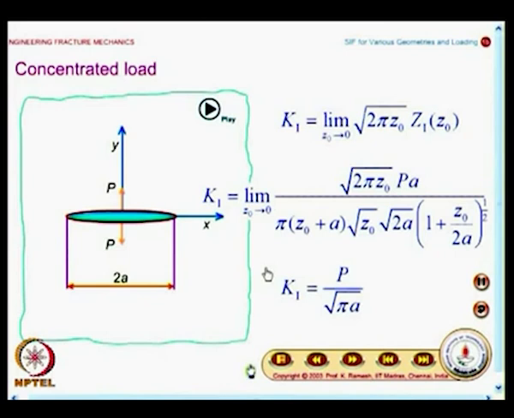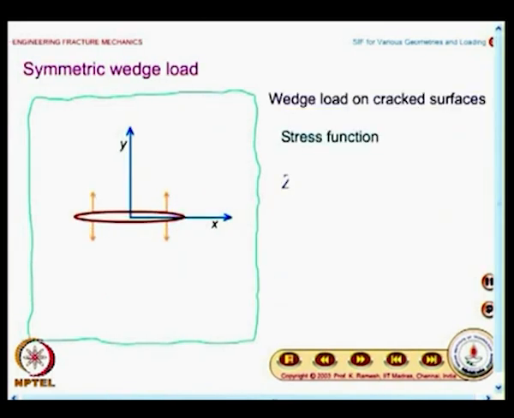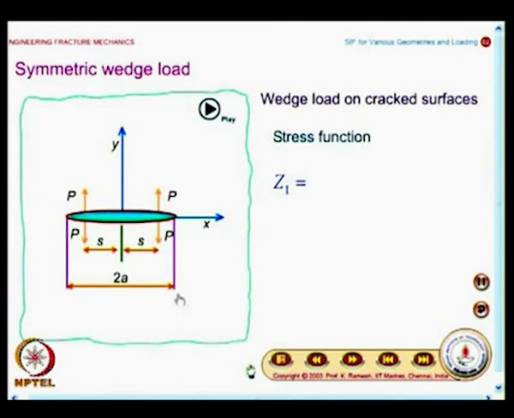Now, we will take up another situation where I have crack opened by symmetric loads, which are at distances s from the center.